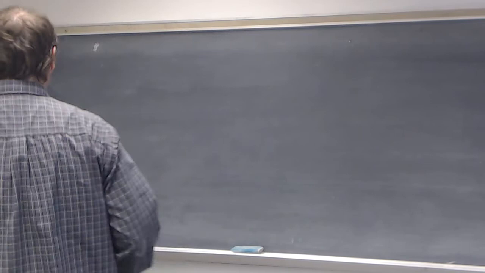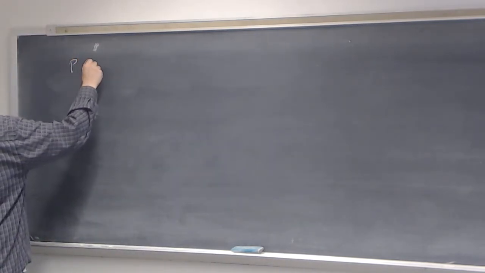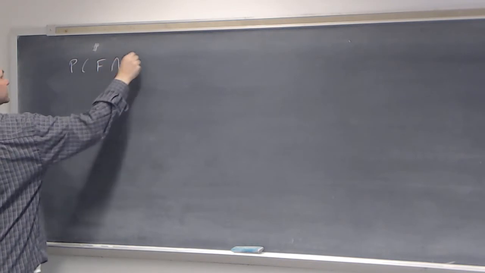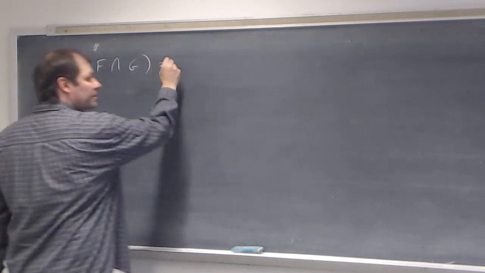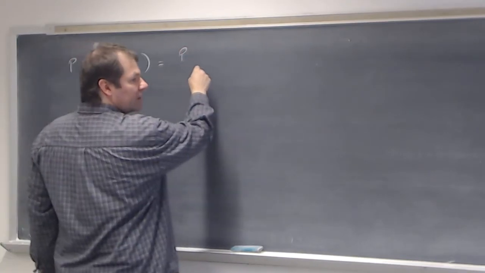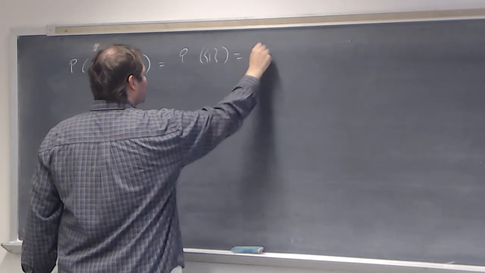And the probability of F intersect G is equal to the probability that the 1 ball was drawn, which is equal to 1/4.